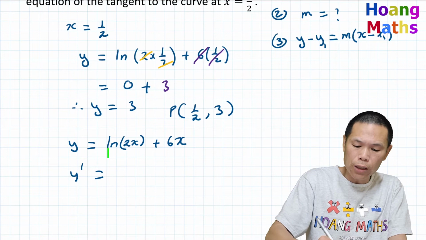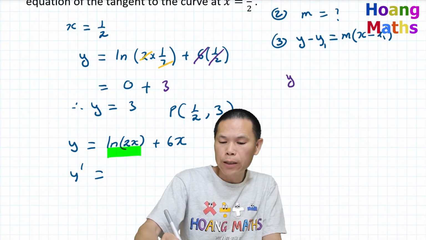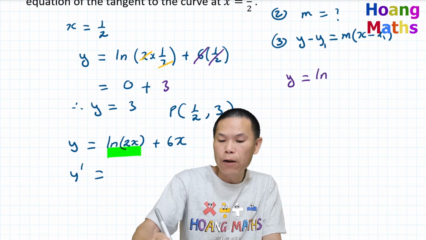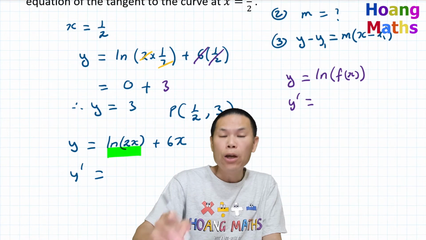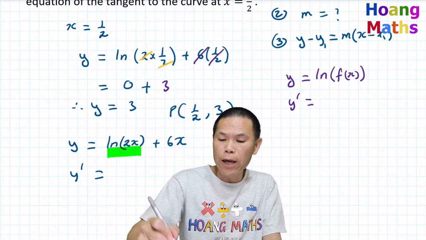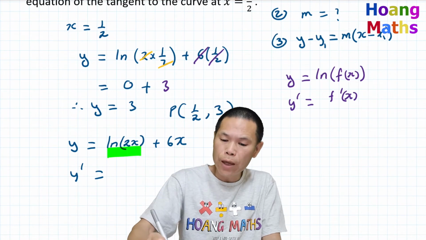To differentiate this function here, we use this rule. y is equal to ln of f of x. To differentiate, y dash, we differentiate f of x, that gives me f dash x, and then we put it over f of x, okay?